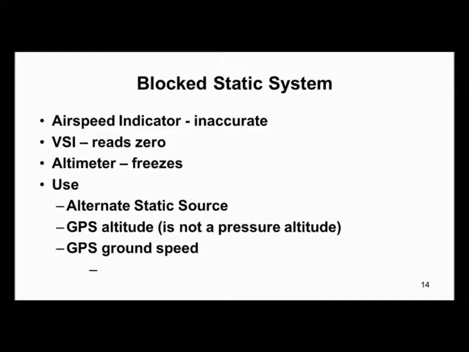ADS-B transmits your ground speed, your position, your GPS altitude, and your identification. They program the ADS-B to your airframe serial number with your N number. So when ADS-B is working, they have your N number when you have your ADS-B turned on.